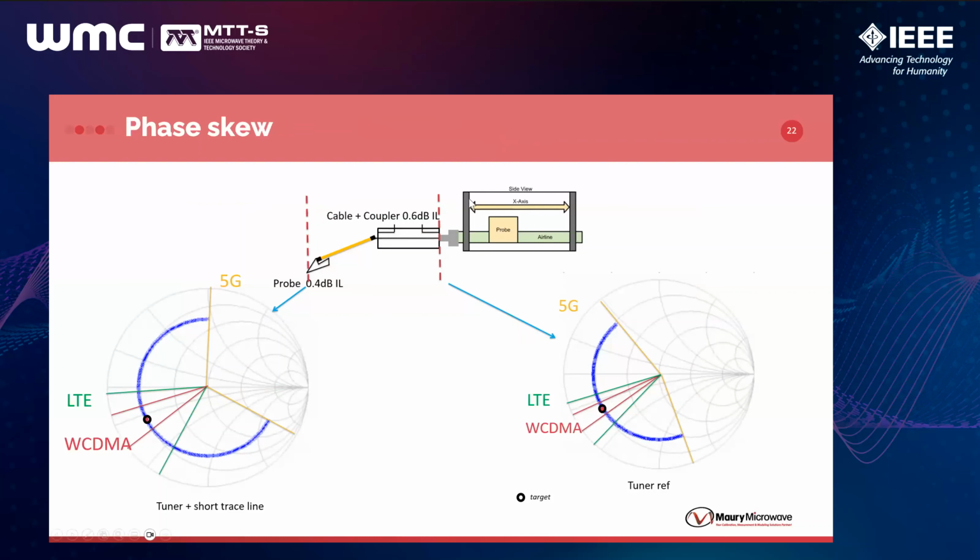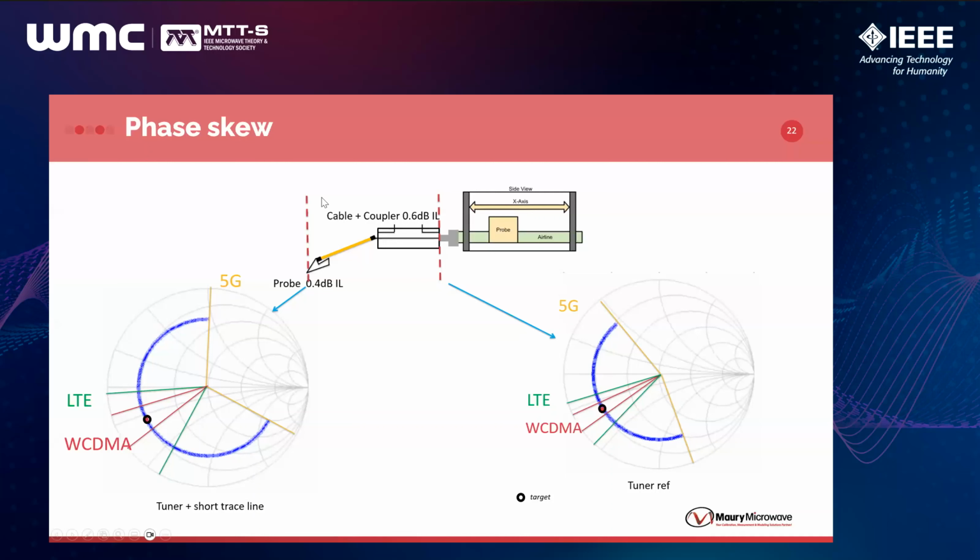If, for example, we have a structure like this, with a passive tuner on wafer, this is the frequency response in blue. You see the frequency response of the tuner depending on the bandwidth. For the WCDMA, the bandwidth response of the tuner will be here, and we can see the response at the tuner reference plane for a 5G.